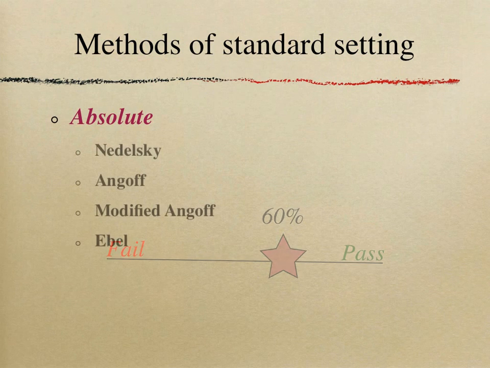So in order to compensate for this, and in order to make that defensible, there have been several methods introduced to education, which you can see a list of here, and these are probably the most famous and most commonly used.